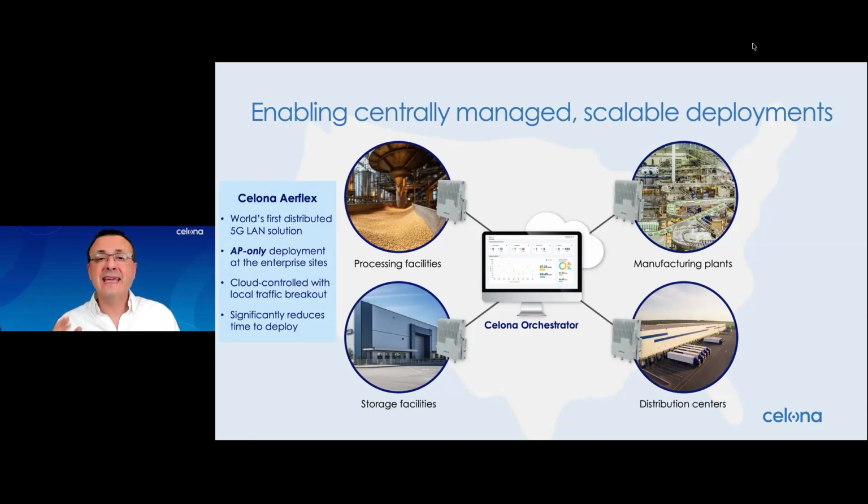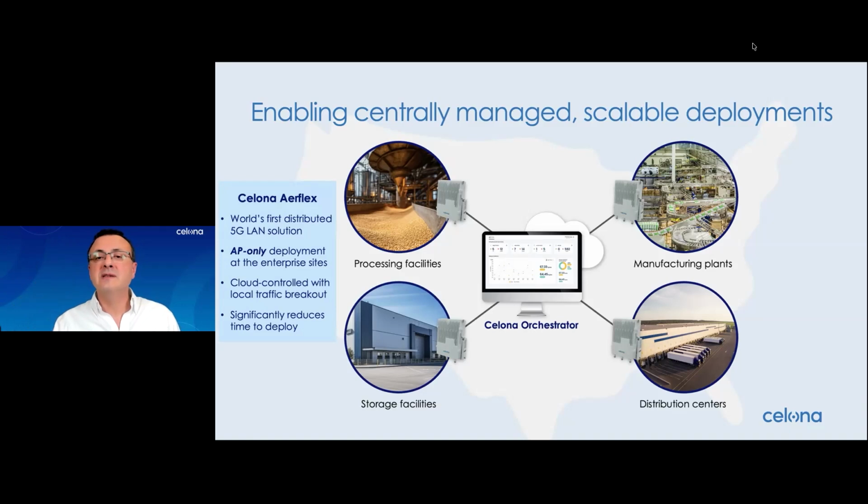This means that the data traffic does not need to be hairpinned, going to a central location or going to cloud. Instead, applications continue to run locally, the traffic stays local, latency stays very low, and the site remains operational even if the connectivity to the control plane is temporarily disrupted on the backhaul.